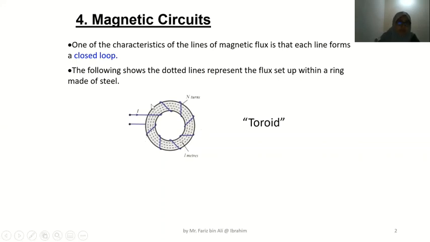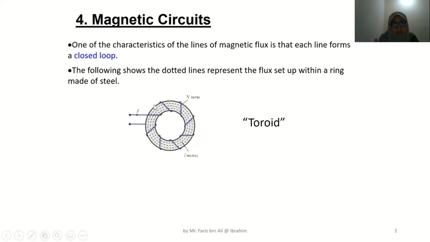This ring made of steel we also call a toroid, because of its shape. The dotted line inside this core is the flux line.